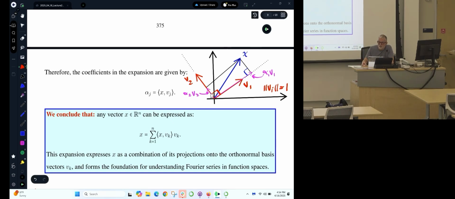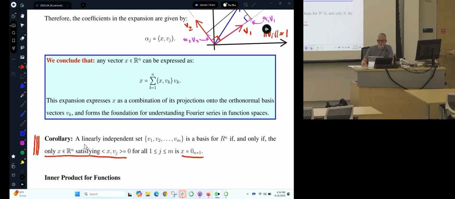So this little pink vector here, alpha 2 V2, where alpha 2 comes from this inner product, plus this little bit larger vector, alpha 1 V1, where alpha 1 comes from this inner product. I add those together and I get x. So I just take this vector and I move it to the head and I add it and I do head-tail vector addition. So that's decomposing x in terms of orthogonal components.